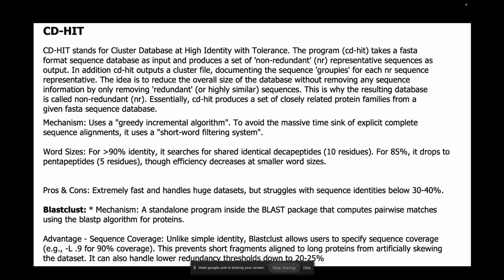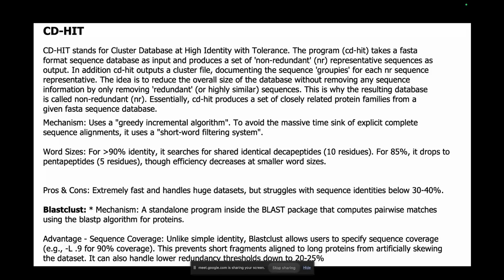BLASTclust is basically a standalone program inside BLAST, which also does a similar thing, and it uses BLASTP to compare pairwise matches between proteins. I hope you remember BLASTP. It is basically sequence alignment of amino acids. So it uses that algorithm to calculate sequence similarity.